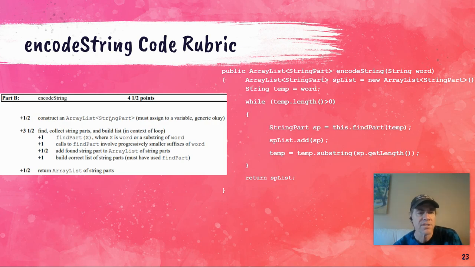It adds the found string and then correctly builds a list of string parts. Must have used find part to do that. And then lastly, I get a half point if I return that array list of string parts. So 4.5 for part A and part B.